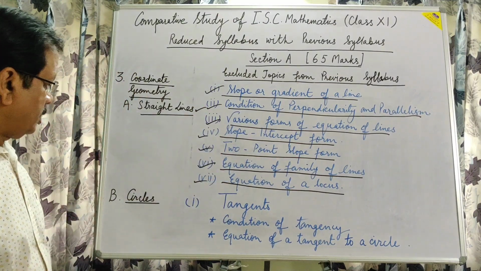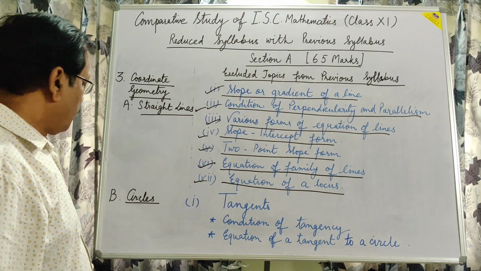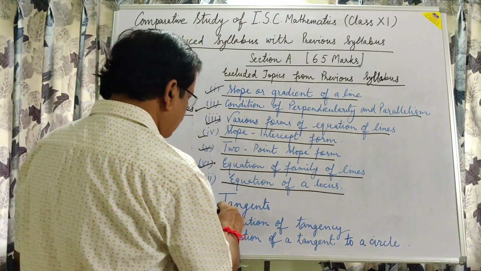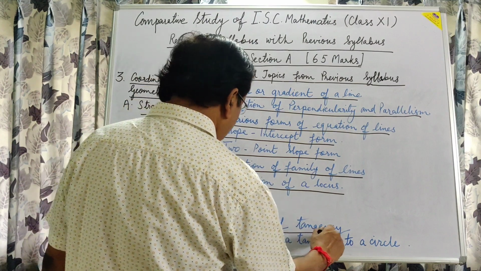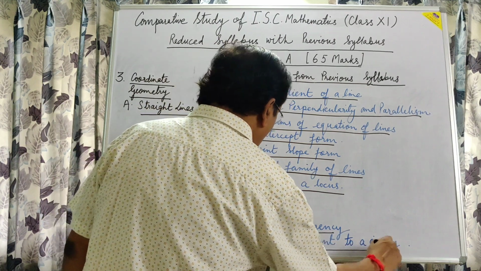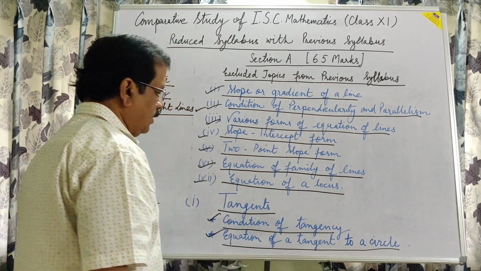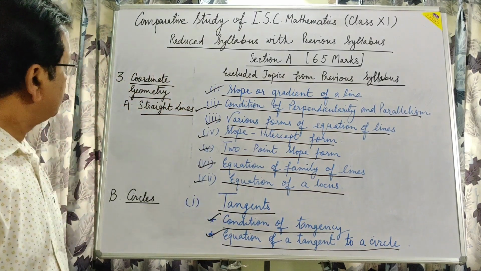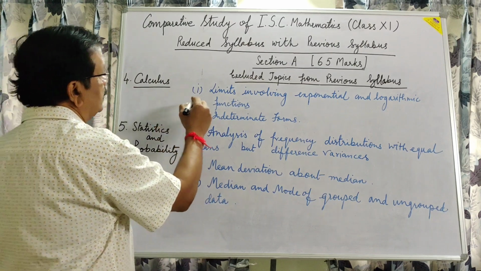Now second chapter in coordinate geometry, circle. From circle, only tangents, that is condition of tangency and equation of tangent to a circle, excluded from the previous syllabus. Now next topic, calculus.